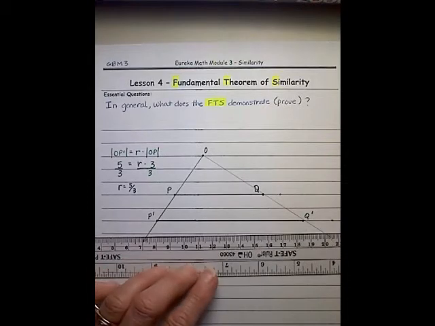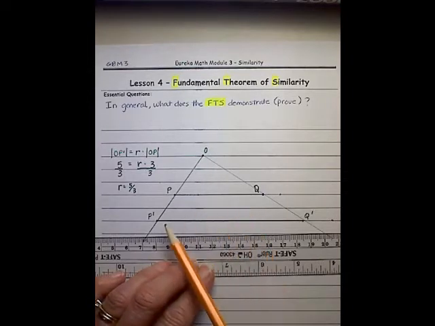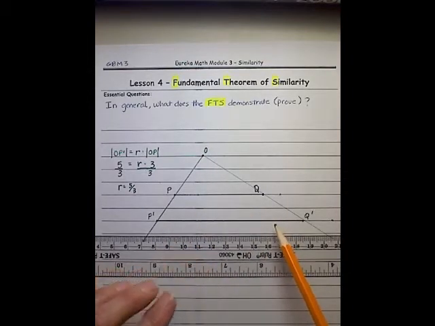What do you notice about the lines PQ and P'Q'? Notice that the lines fall on the notebook paper. That means that they will be parallel.